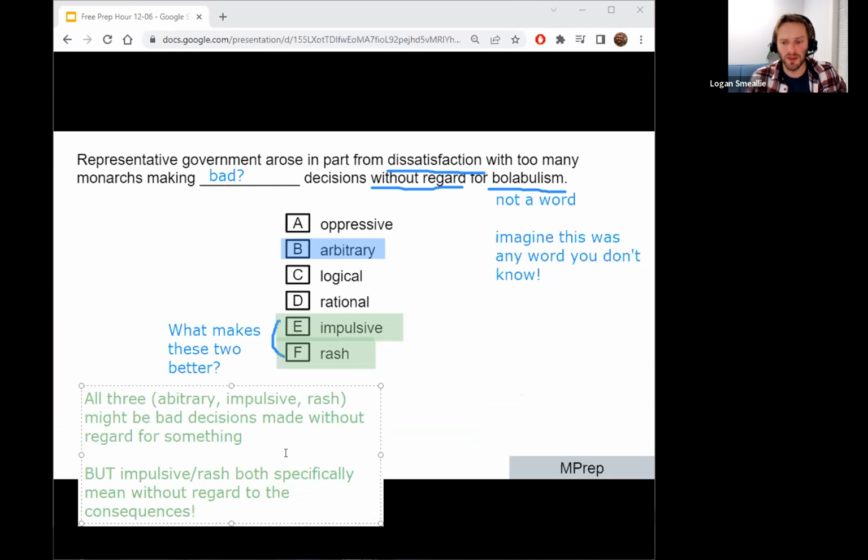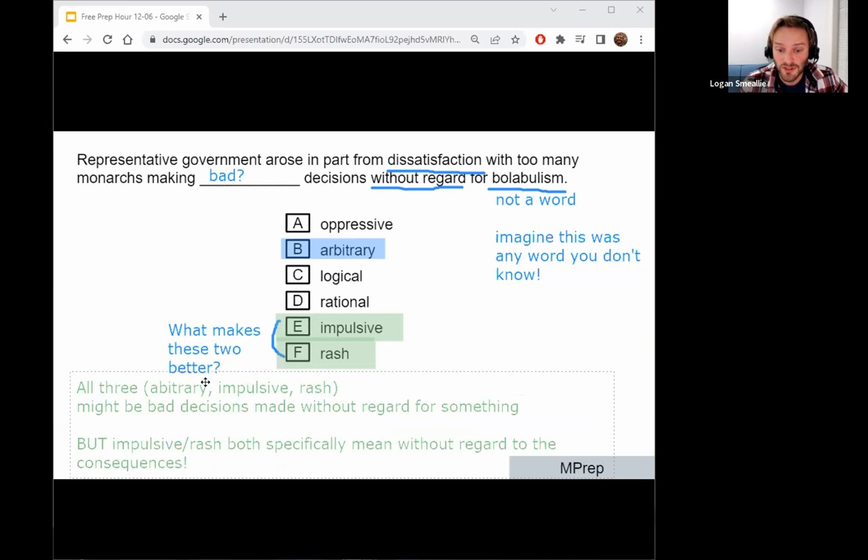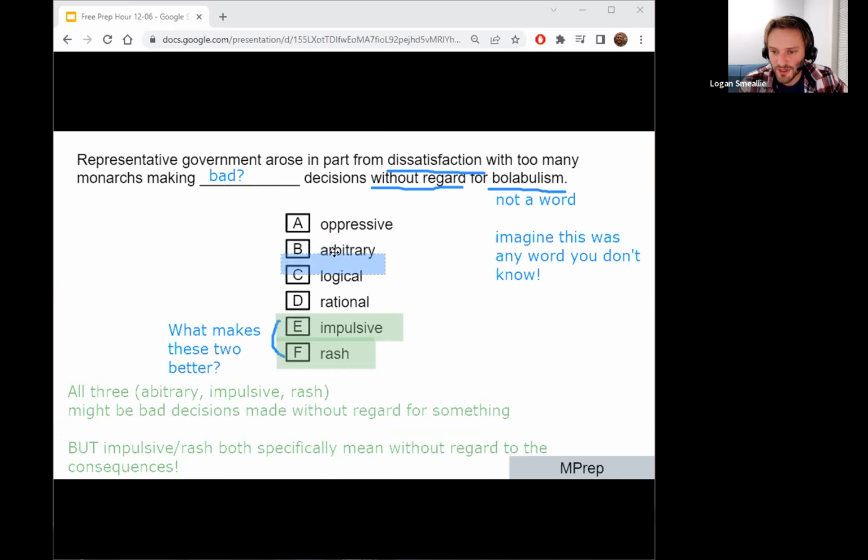You know, decisions made very hastily, decisions made without thinking about what's going to happen after the decision is made. Whereas arbitrary is a decision made without any reasoning, so without any clear logic. So still something that's maybe not a good decision, but it's just not quite as close as impulsive and rash are to each other. So this is a first actual sentence equivalence question of the night.